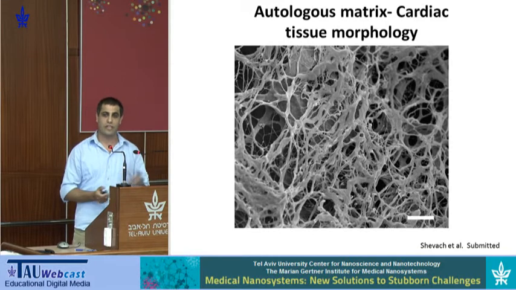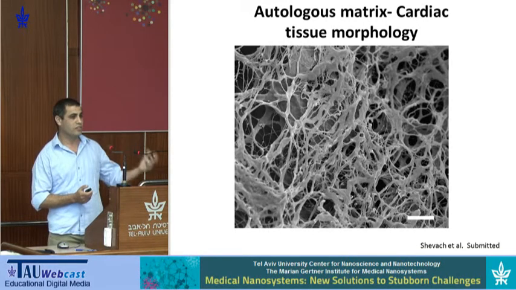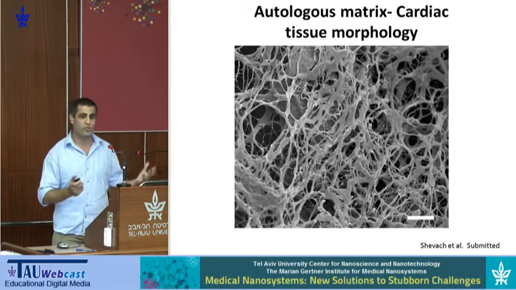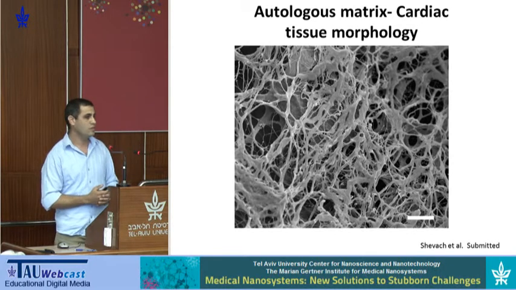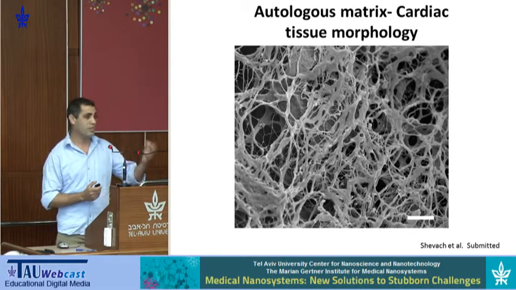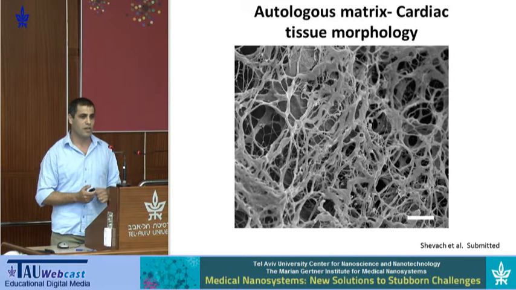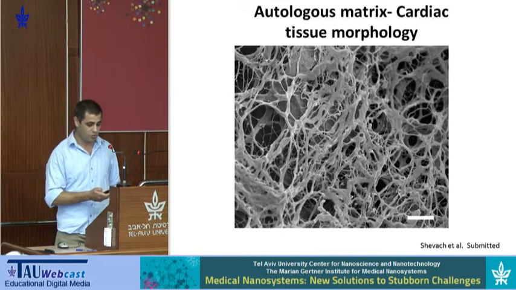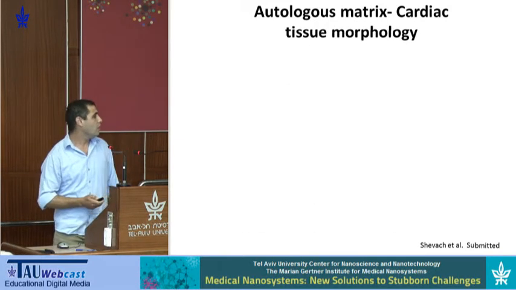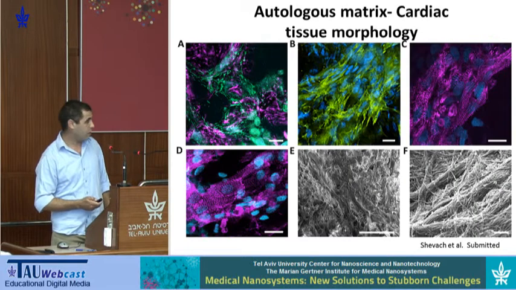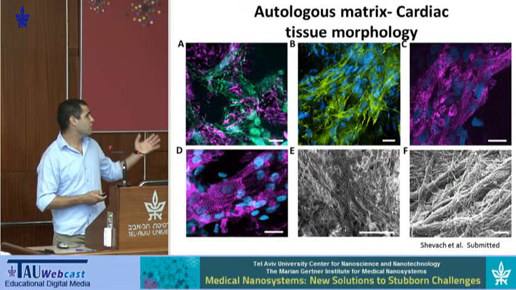So now if we take cells from the person using these biomaterials, we have a completely autologous patch that can be transplanted without triggering an immune response from the patient.